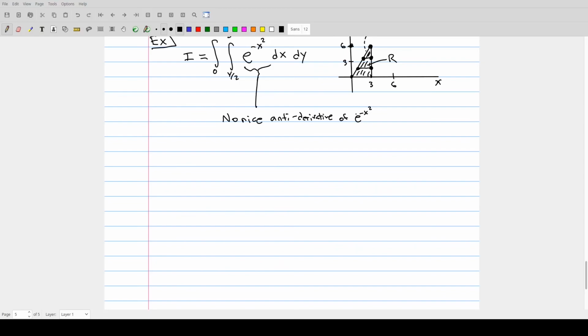In mathematical terms, we say that the antiderivative doesn't exist in closed form, which means expressible as nice functions, like transcendental functions and whatnot. So, unfortunately, we're at a loss here for how to get this double integral. But if you remember Fubini's Theorem, we have a little bit of hope that if we switch the order of integration, we'll be able to get the actual value of this integral.